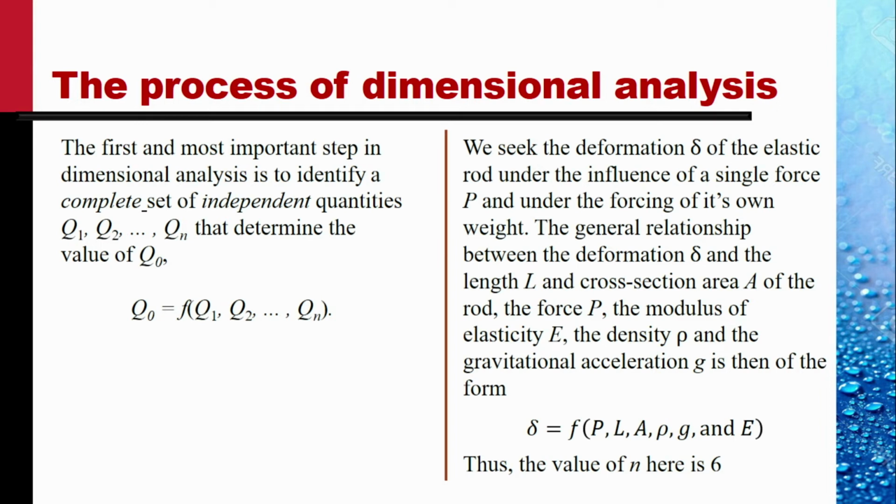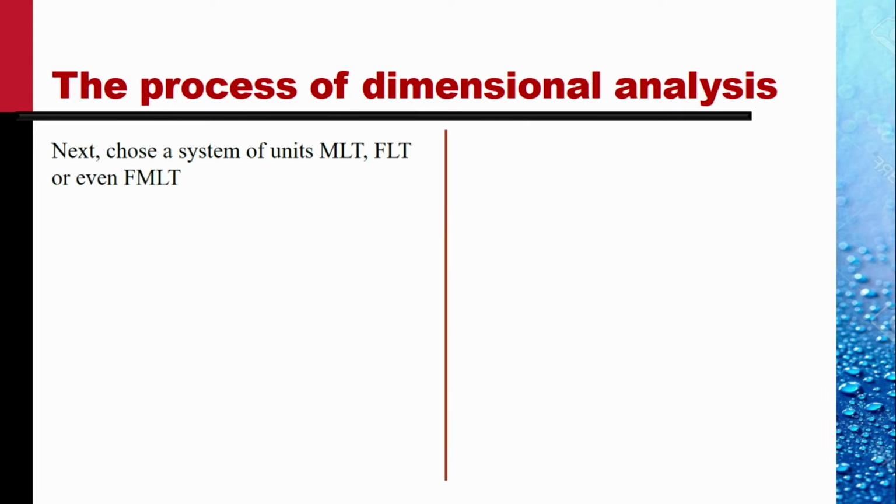Thus, the value of n here is 6. There are 6 independent parameters in the problem. We have to determine the dependent parameter delta, the deflection at the end of the rod.